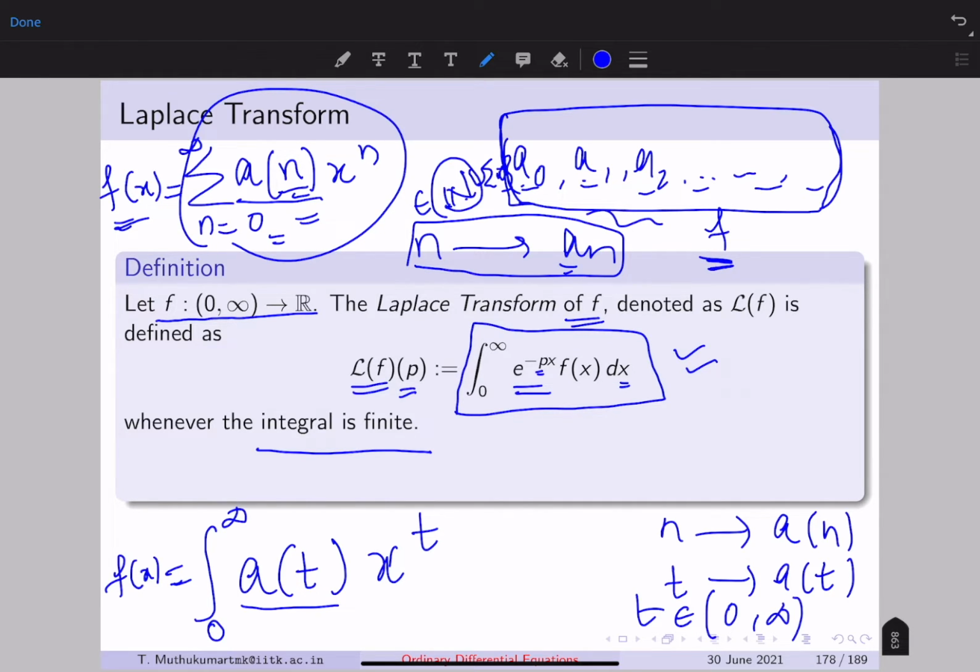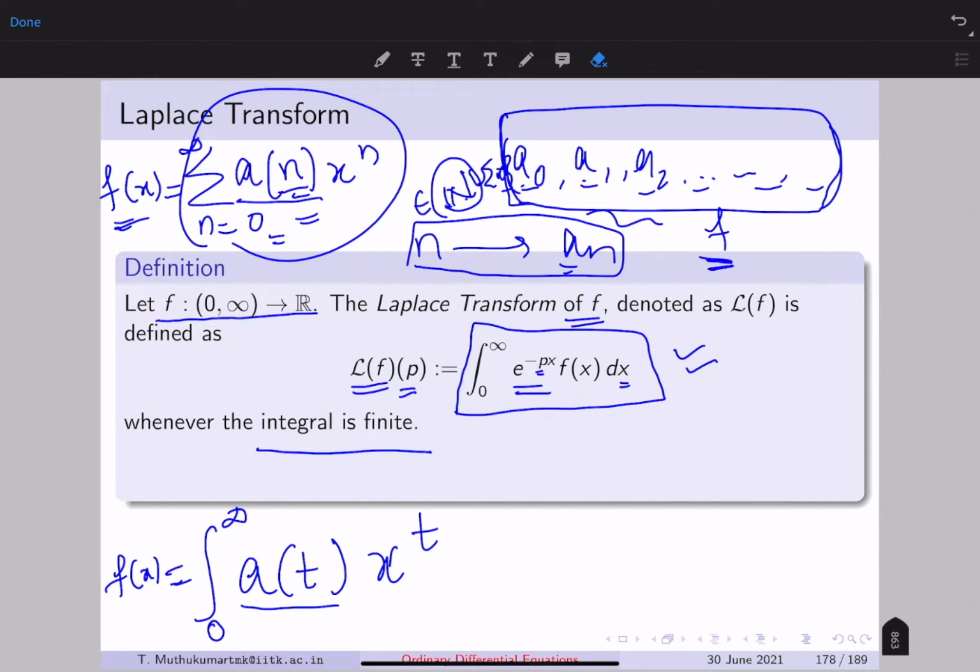For instance, if x is between 0 and 1, then this integral can be finite, because x to the power t is again something between 0 and 1 for all these t.